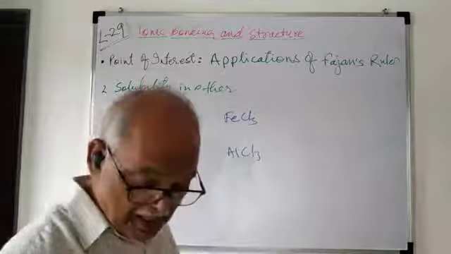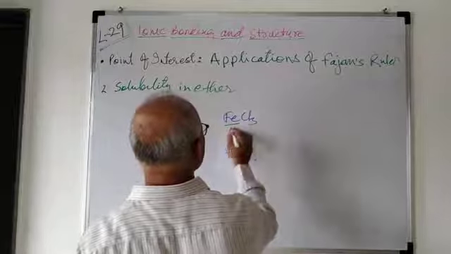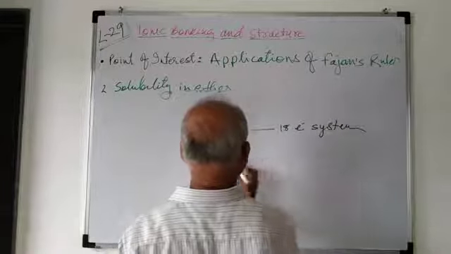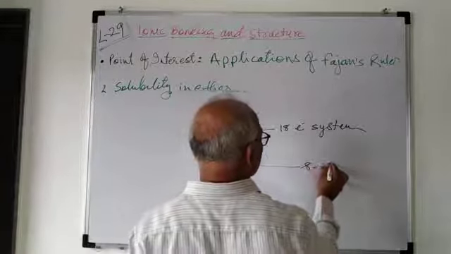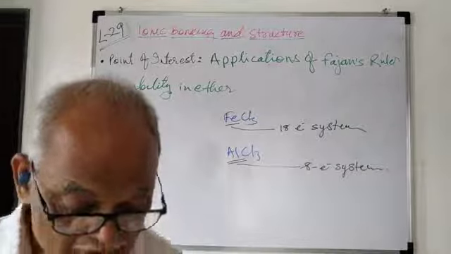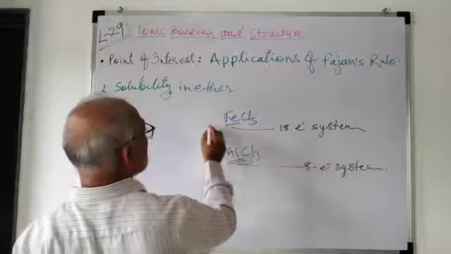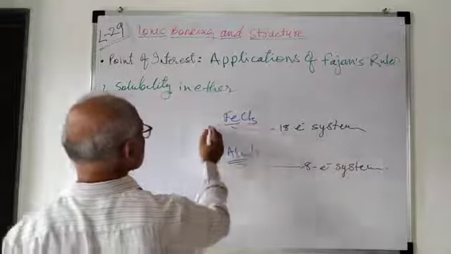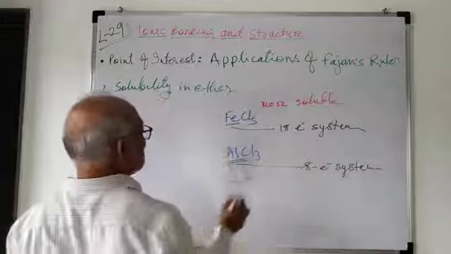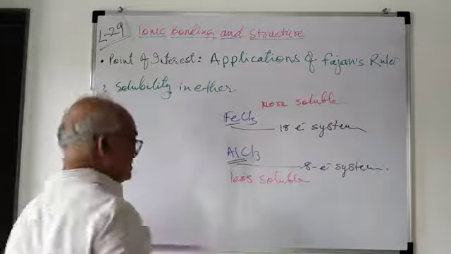Here FeCl3 has a cation with an 18 electron system, whereas aluminium has an 8 electron system, and therefore FeCl3 is more soluble in ether, whereas AlCl3 is less soluble in ether.